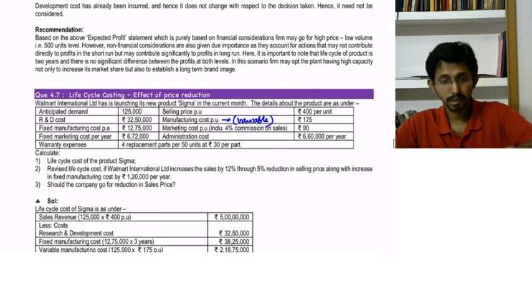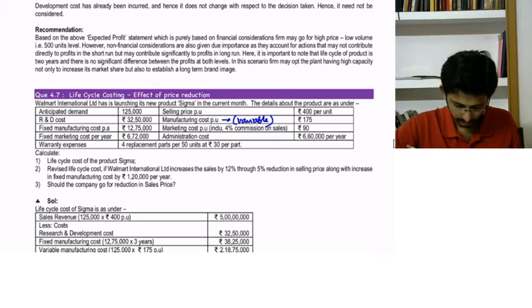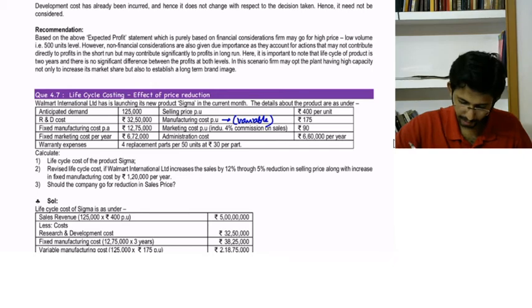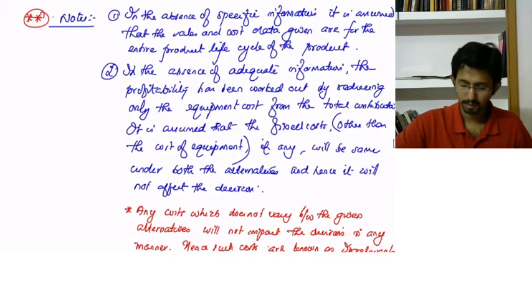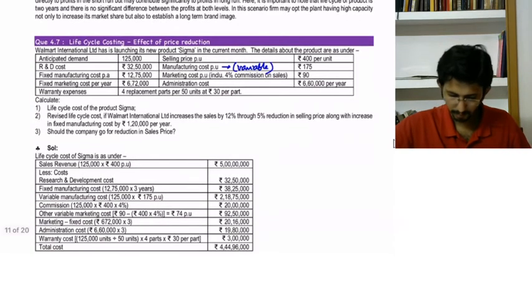We'll just read the question once again. What is given here? Walmart International Limited is launching its product Sigma in the current month.